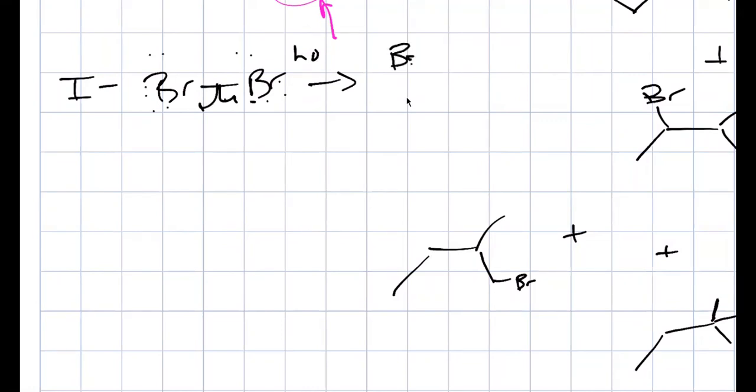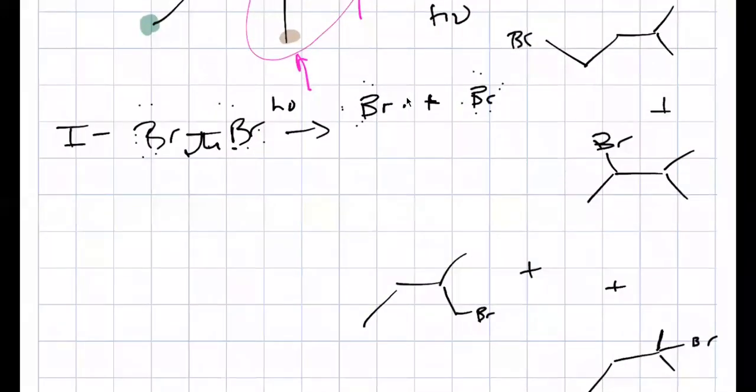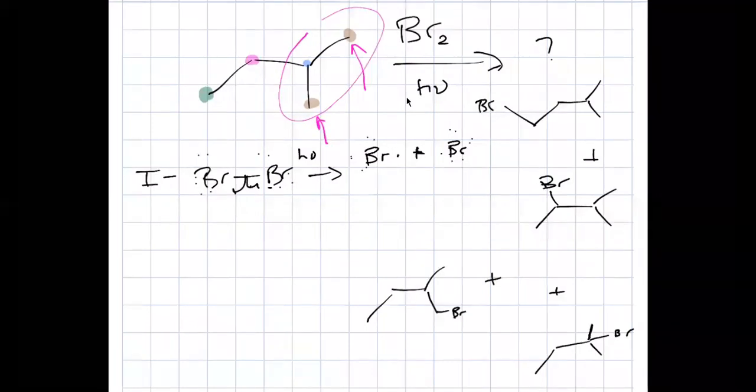So I get this plus this. Is that right? That's my initiation step. And then in propagation, what's going to happen? What's the term I gave y'all for what happens in propagation? Abstraction.